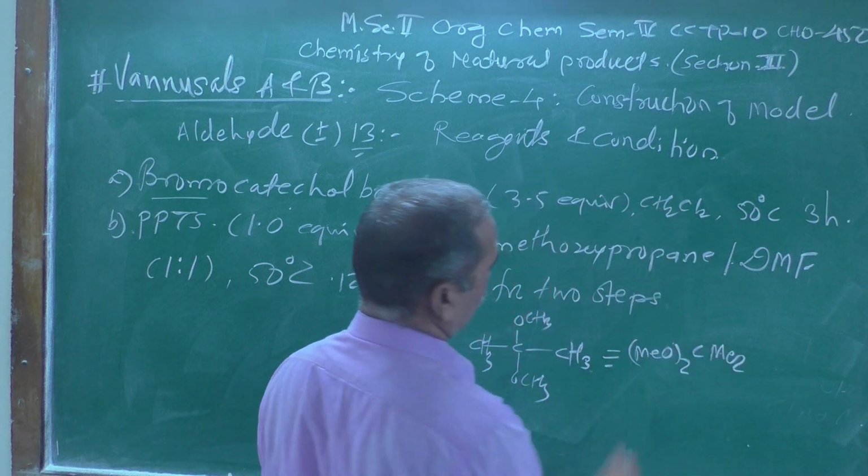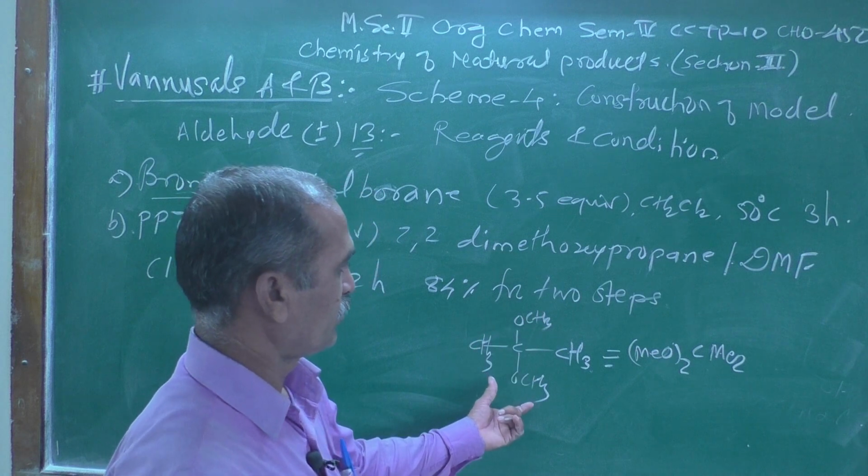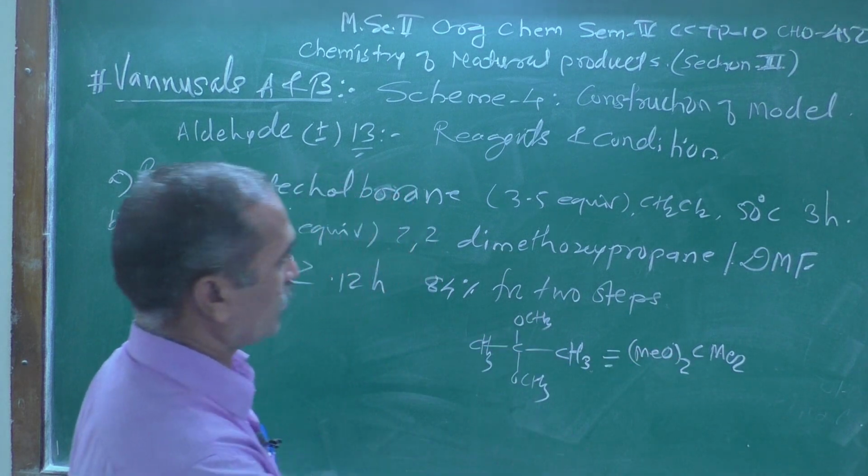In short we can write it like this, 2-methoxy group, then CMe2.